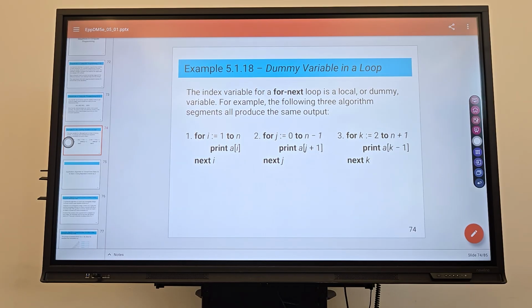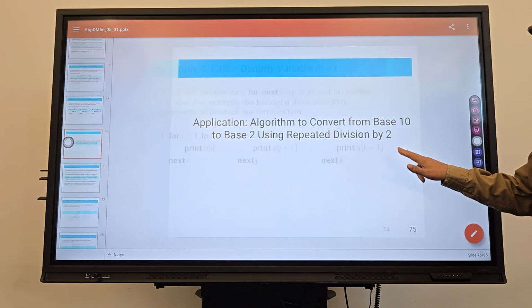For k equals 2 to n plus 1, print a sub k minus 1. They all produce the same output. Keep in mind, most programming languages start array indices at 0 rather than 1. Something to keep in mind.